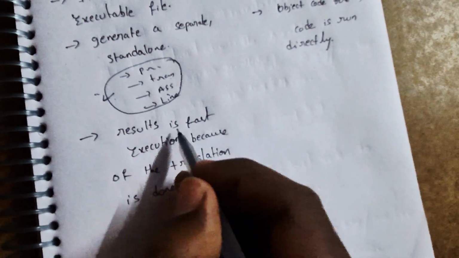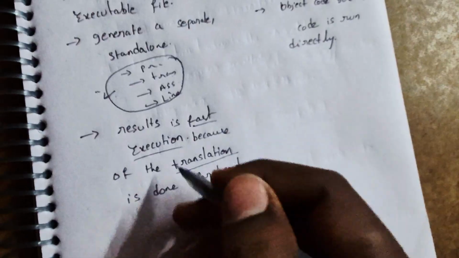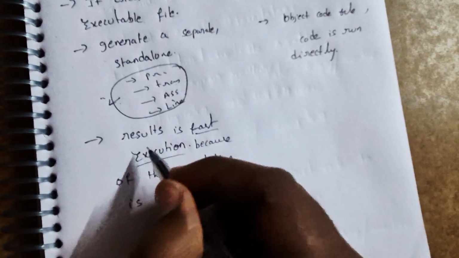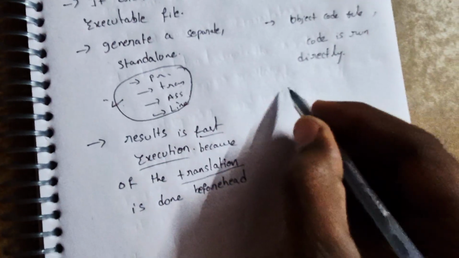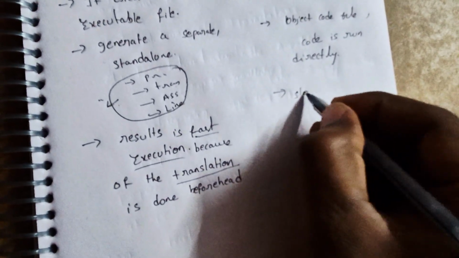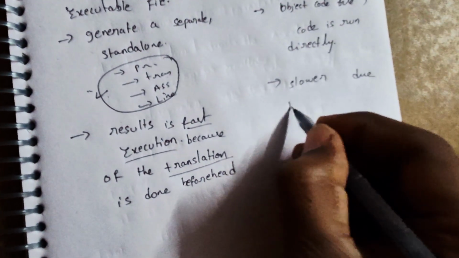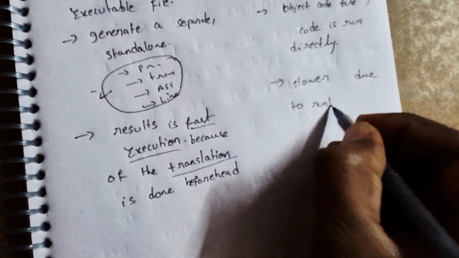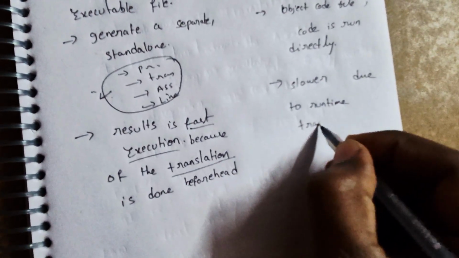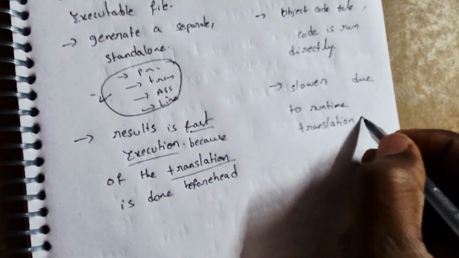Because of faster execution, the translation is done already. That's why the file executes very fast. But interpreter is slower due to the runtime translation process. Okay, got my point?